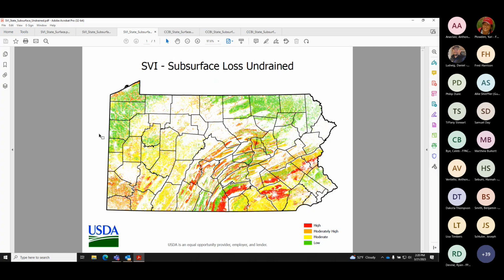And all of that practice data is in there, and they kind of calculated based on those resource concerns, based on what they know of those practices, how much of an effect that would have had. And that allows us to kind of see where we've already treated areas.